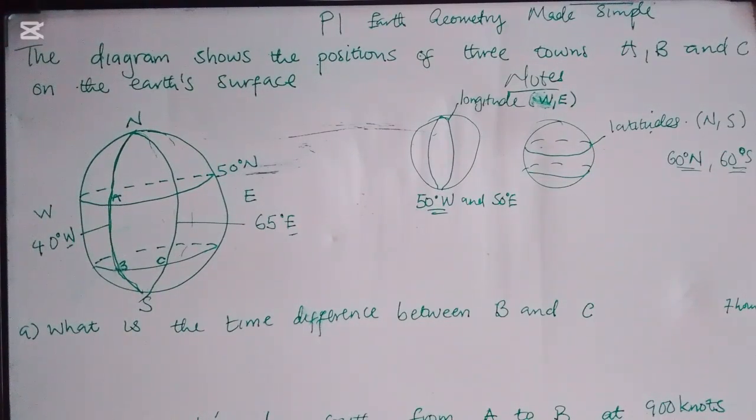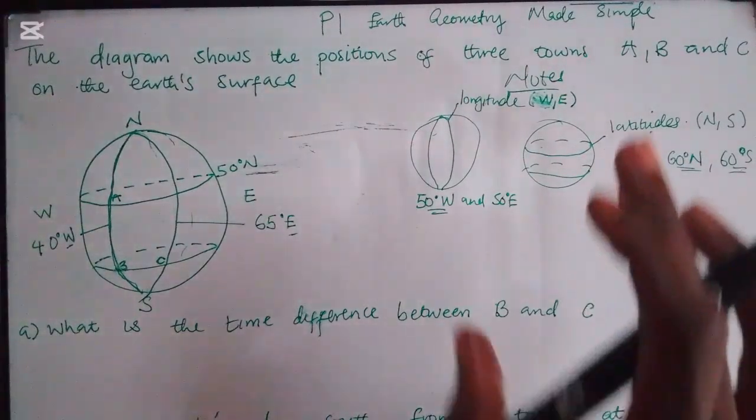So now the question is, how can you calculate the difference between latitude and longitude? I'll be going step by step. The first thing you need to understand is how you can calculate the difference between longitude and latitude.